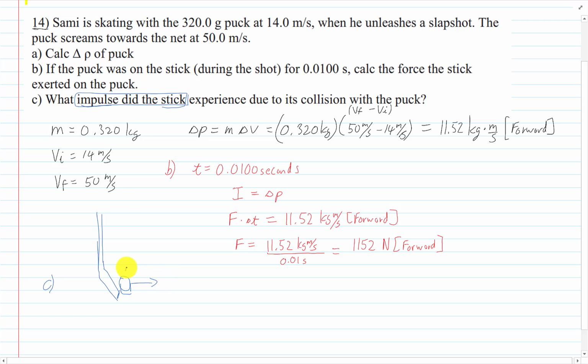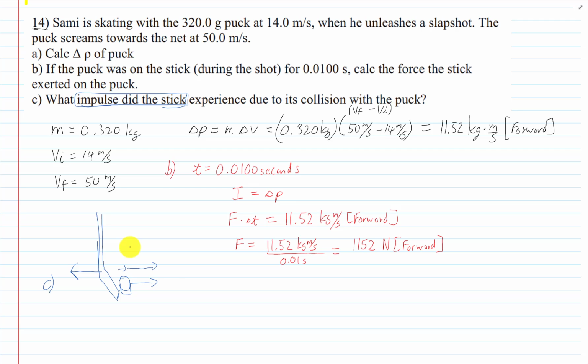But if it hit the puck this way, then the puck hit back on the stick that way, Newton's third law. And the time of impact here would also be the time of impact there, the time pushing back.